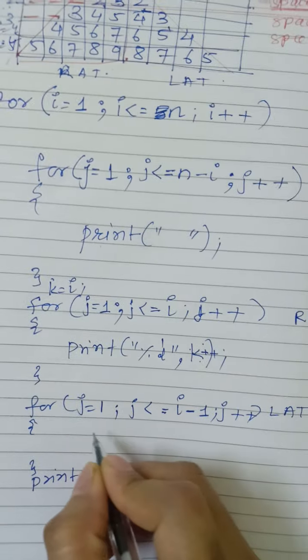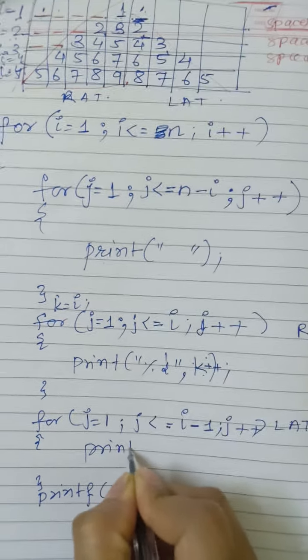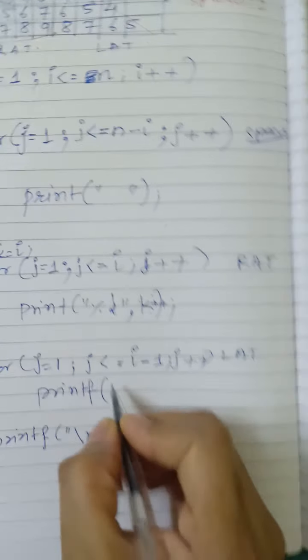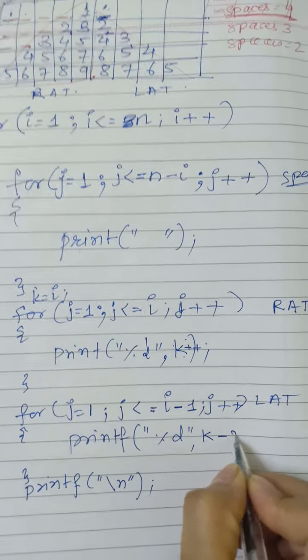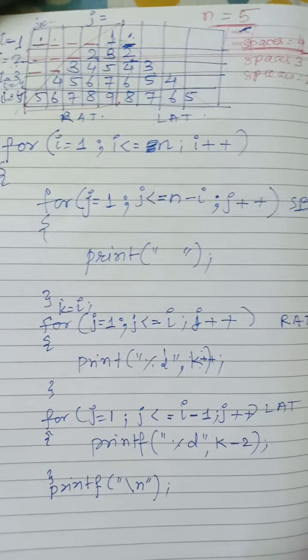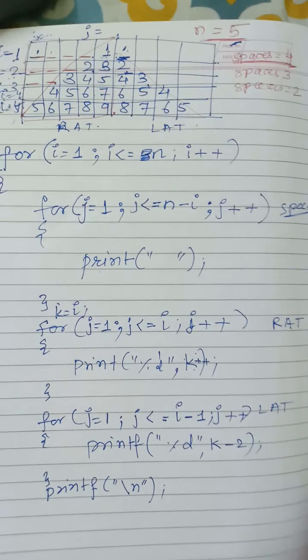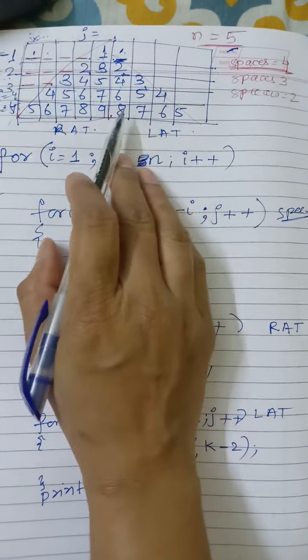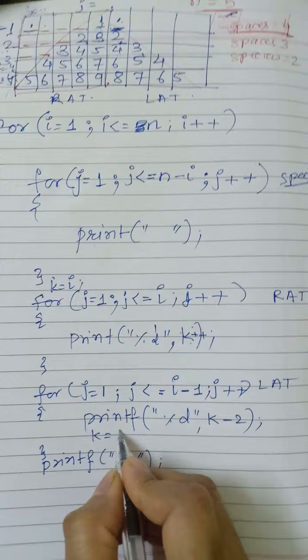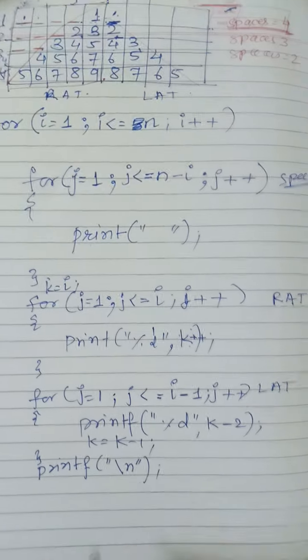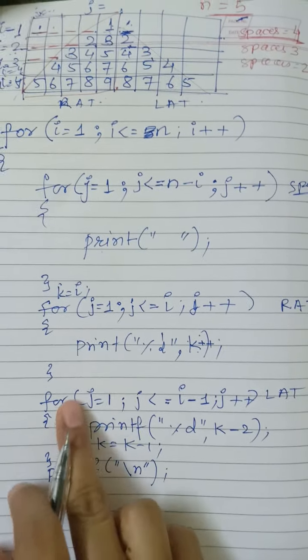So now what you can do here is, you can simply printf the value of %d, k minus 2, right? So you are simply putting the value of k minus 2, and then you can decrement k by 1.